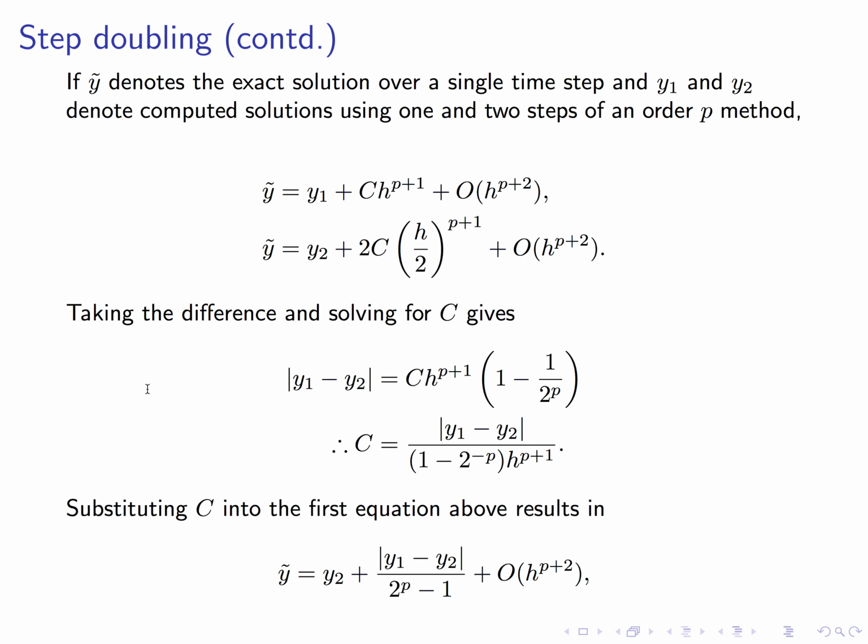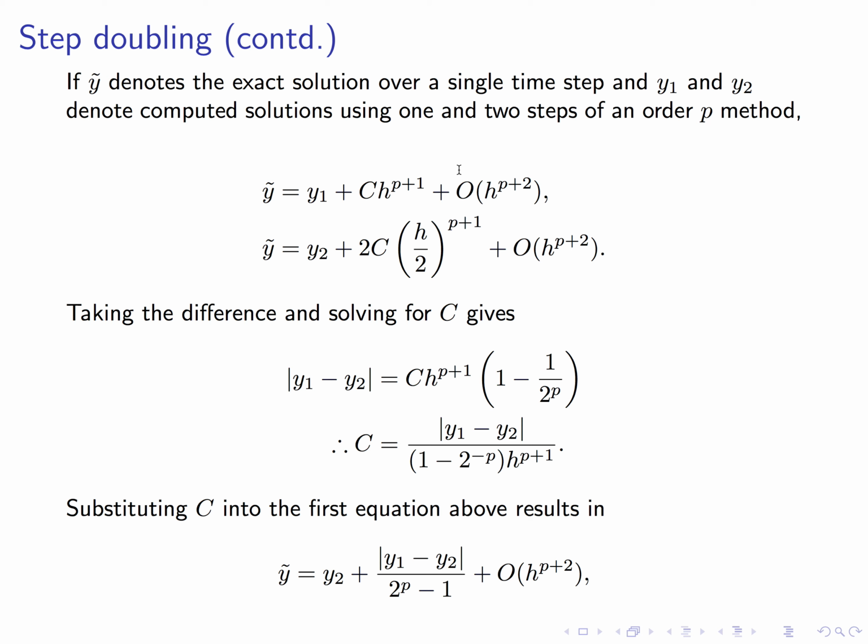So what we're going to do is examine the estimate of the error in our 2-step solution. So if we let y with a tilde on top, just a y with a little tilde hat, this is going to be the exact solution over a single time step. So y1 is our single step solution, and so this is going to be y1 plus some error.